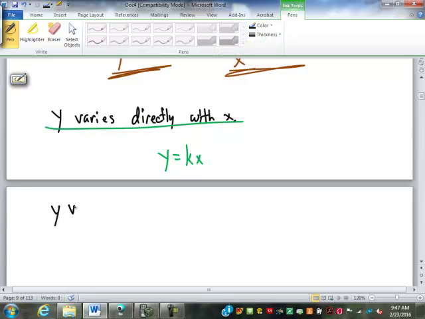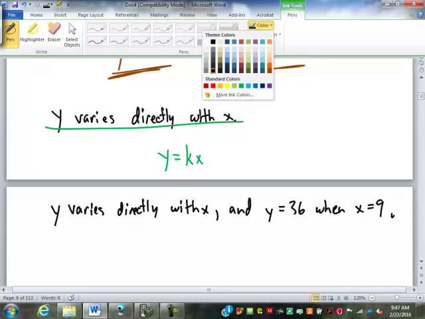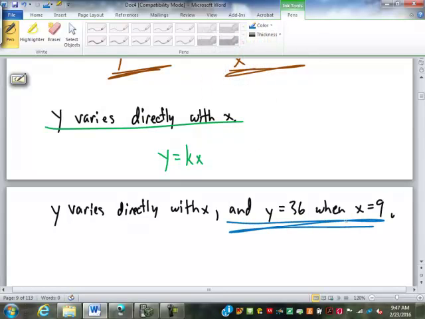Let's say we're still told y varies directly as x, or with x, and y is 36 when x is 9. What does this new piece of information tell us?